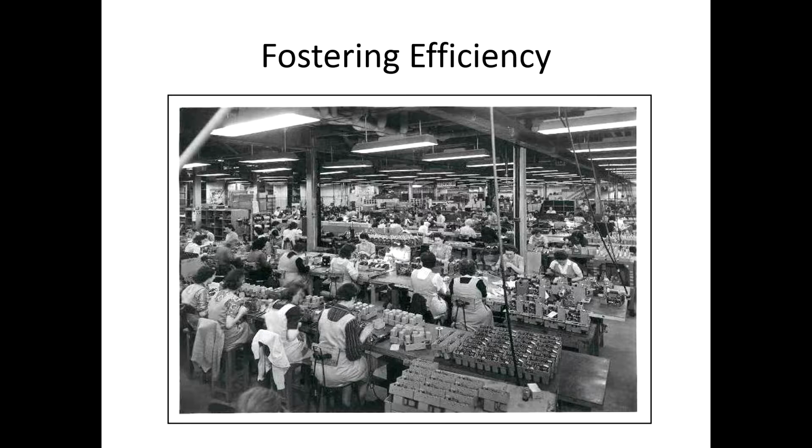Okay, and the last and fourth goal of the progressive era and movement is fostering efficiency. Progressive leaders put their faith in science to make society and the workplace more efficient.